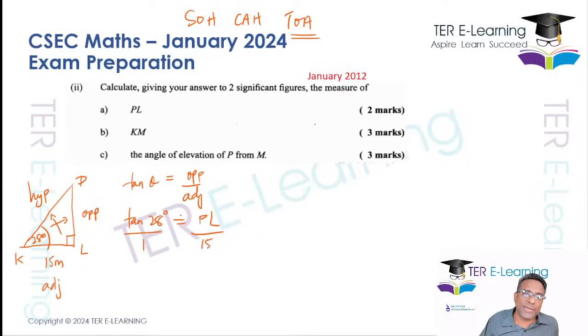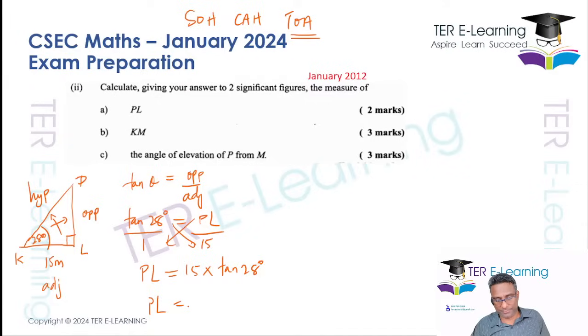So you write tan 28 over 1, and then we cross multiply. Therefore PL is equal to 15 multiplied by tan 28. They want the answer to two significant figures, so this is going to be 8.0 meters.